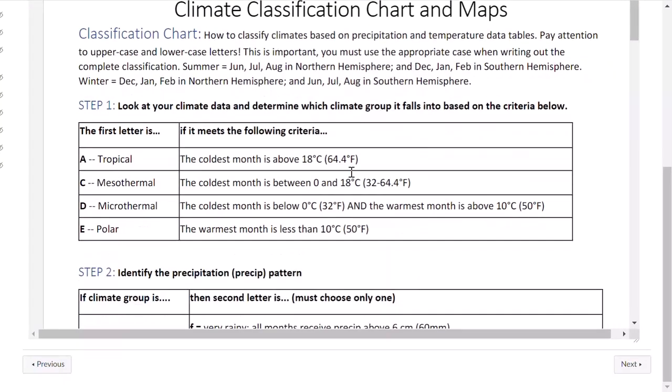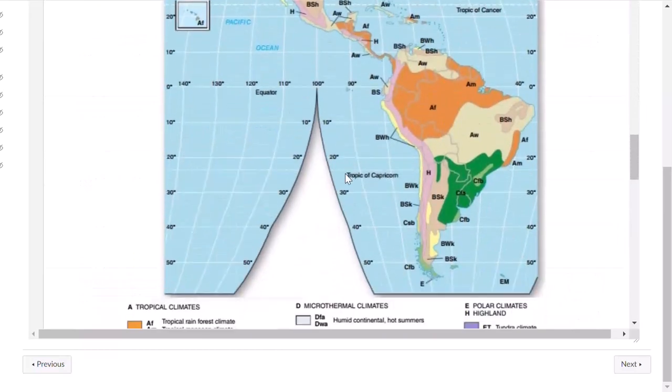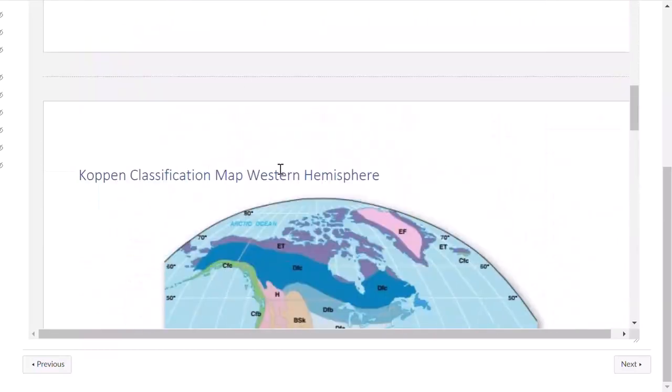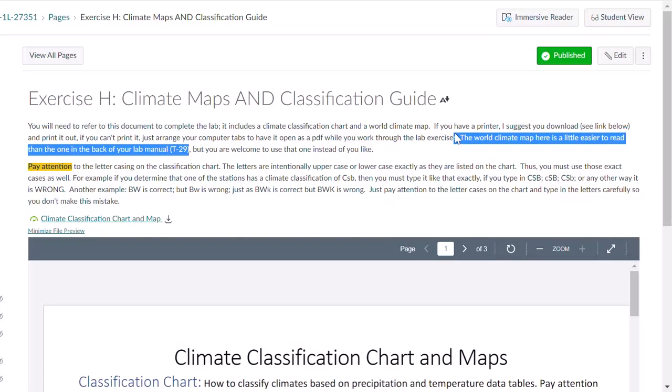And I want you only to use these climate maps to do your identification. It turns out that what I used to have students do is to use the map in the back of the book, but the maps are slightly different, so your answers will not match up.